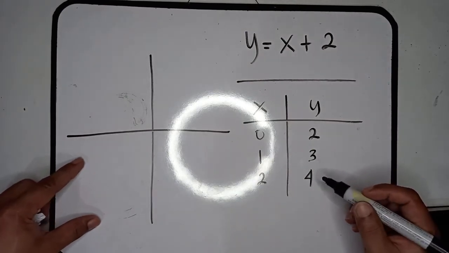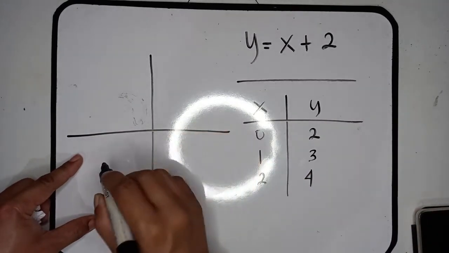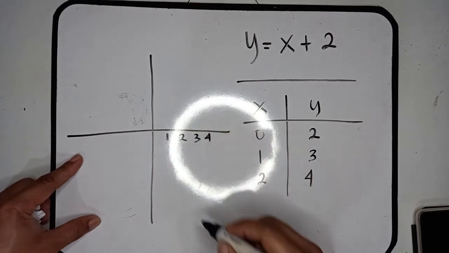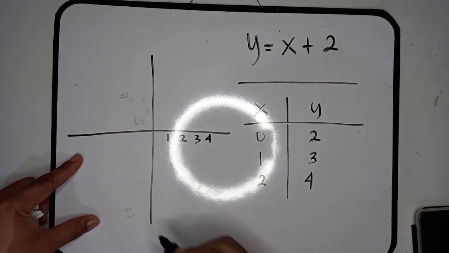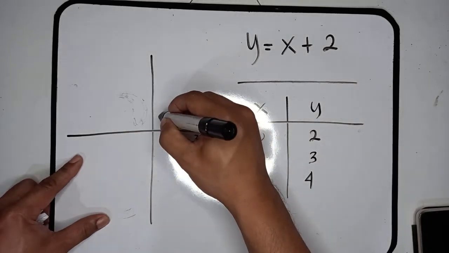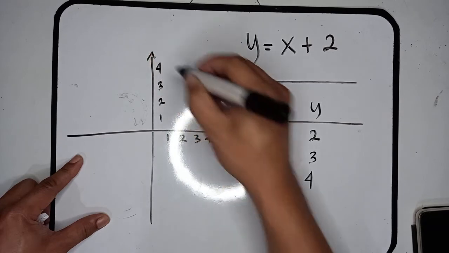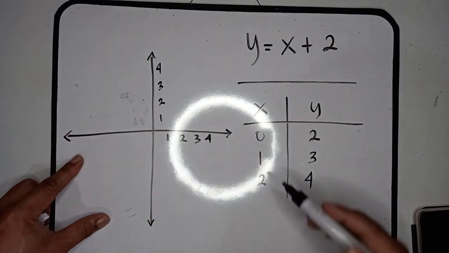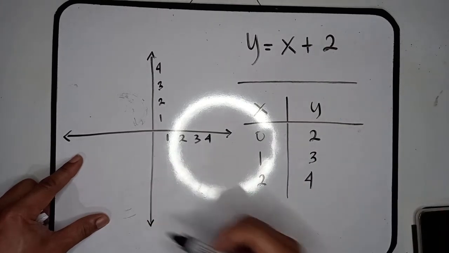Let's plot this on our x and y axis. So we have positive 1, 2, 3, and 4, and then we have positive 1, 2, 3, and 4. Okay. So we all have positive numbers here, so that is why I did not include a negative.